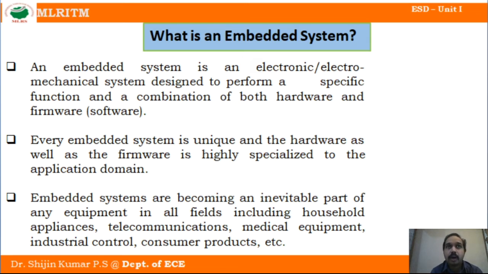If you look into our house, we can see so many gadgets. All are embedded systems. All embedded systems consist of one programmable device, that is a microcontroller or a microprocessor, and some electronic hardware. It combines to form an embedded system. So the software is embedded in hardware. That is what is called an embedded system.